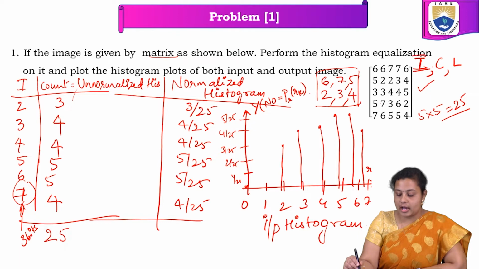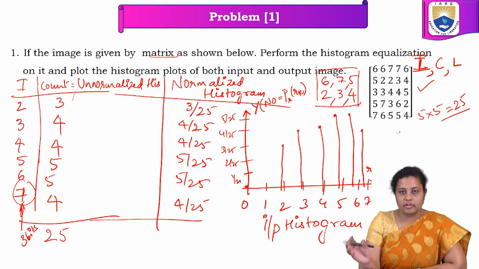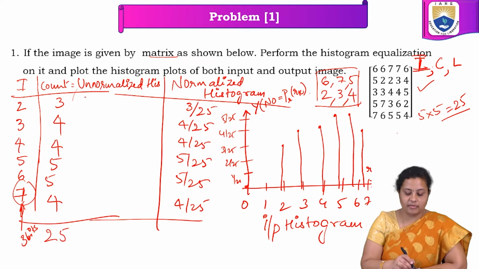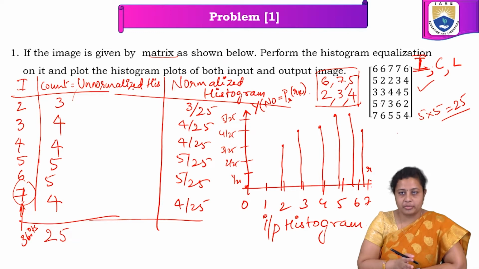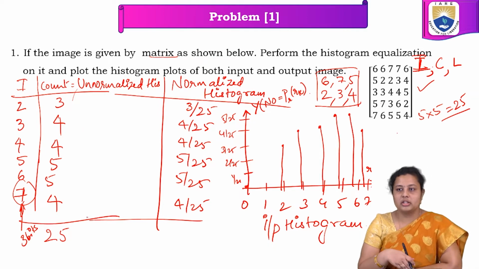From this image segment, which is a small segment of the image, we took out the possible intensity values and counted the number of pixels having the same value, which gives my unnormalized histogram. From there, we converted it into a normalized histogram by dividing the counts by the total number of pixels, which is 25 in this case, because we have a 5x5 image.